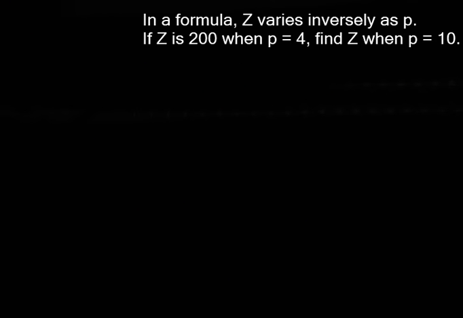As we're doing these, I am just as surprised as you. I don't know what these are. We have a formula: Z varies inversely. It gives away what we're going to do. Z inversely varies with P. And then, of course, it'll give us some extra information: Z is 200 when P is 4.